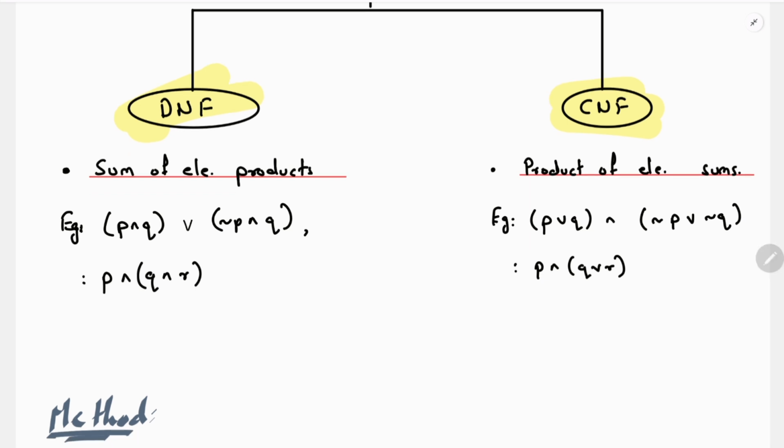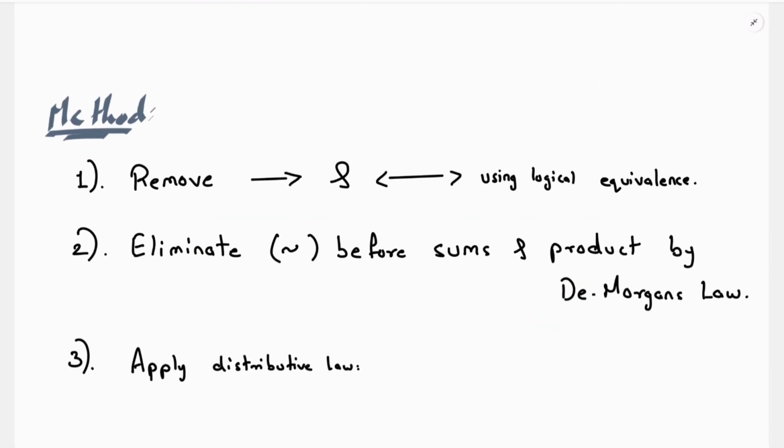After that, there are three methods for how to find the CNF and DNF in a proper way. First, we have to remove the implication, conditional and biconditional signs.